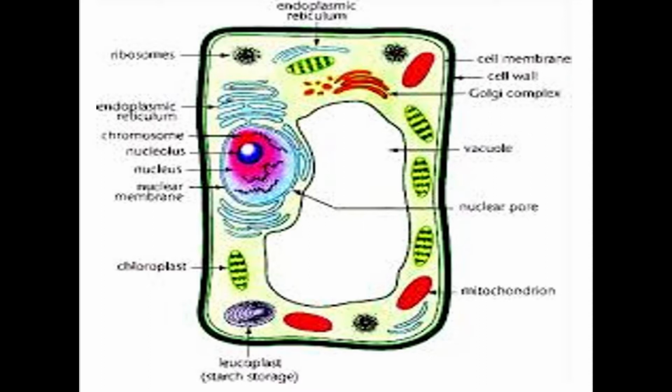Now what is a cell? Cell is the basic unit of a living thing. How do we define the cell? You can divide a cell into other molecules, but the cell is the last functioning unit of a living organism.